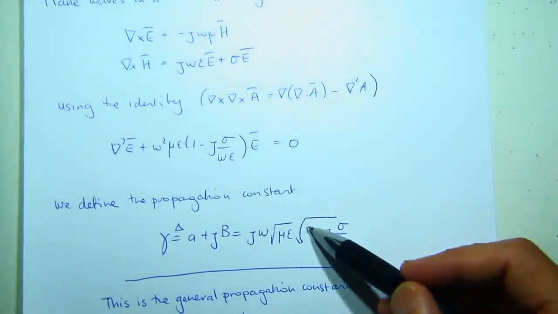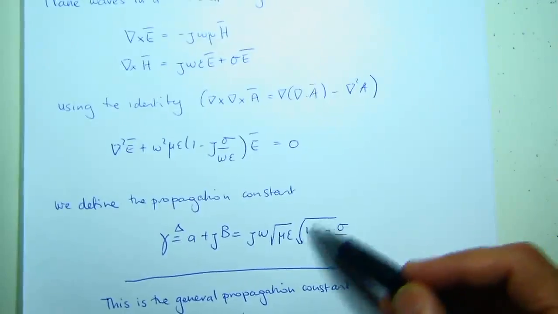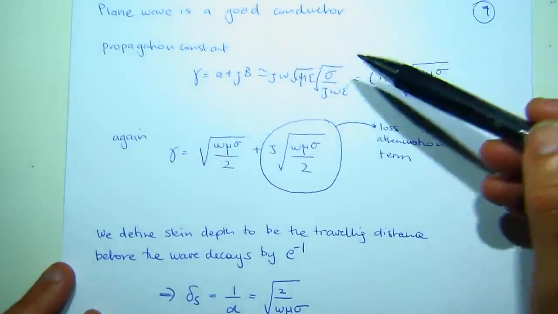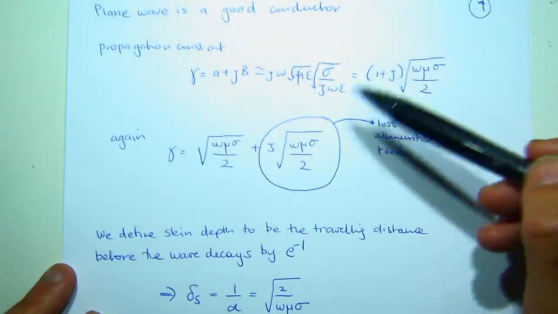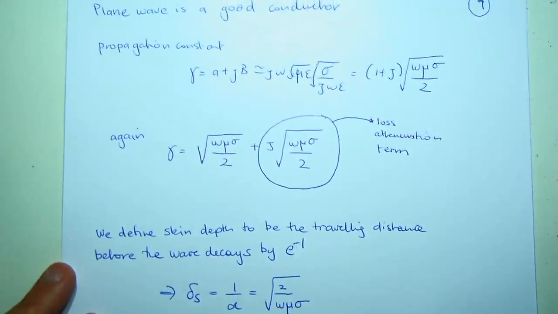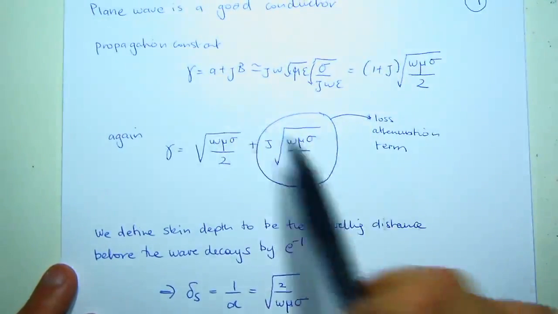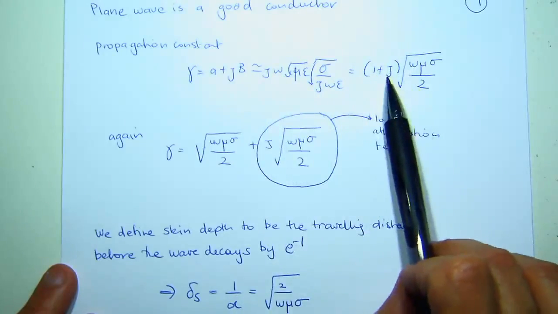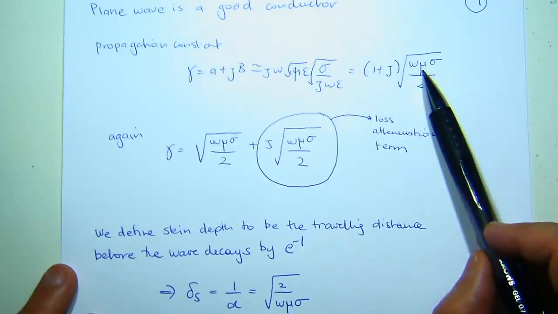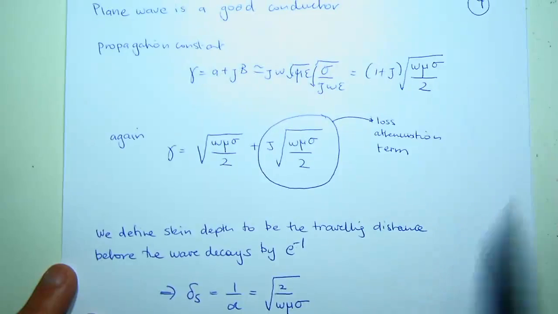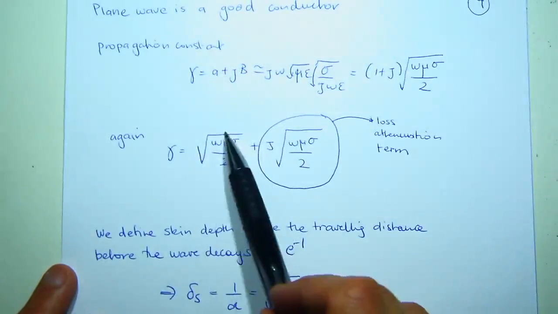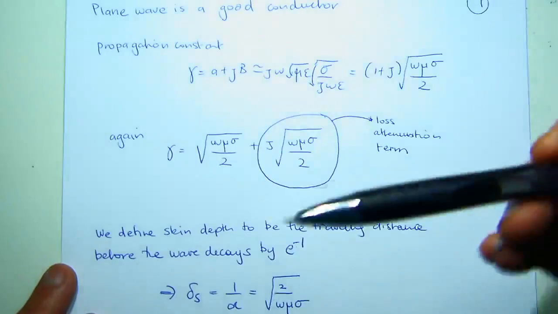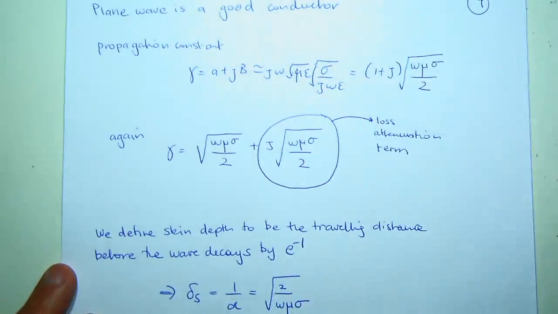If sigma is very large, I can forget the 1 in the expression, and I've got minus j. If you remember back to your second year mathematics and de Moivre's theorem, once you simplify, you can rewrite the propagation constant as (1 plus j) times the square root of omega mu sigma on 2, right? We said that the real part of the propagation constant is how fast the wave is travelling, and the imaginary component is how fast the signal is decaying.